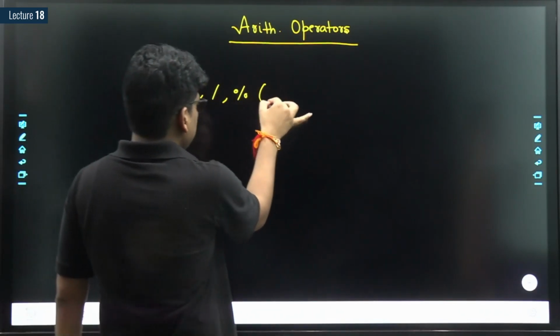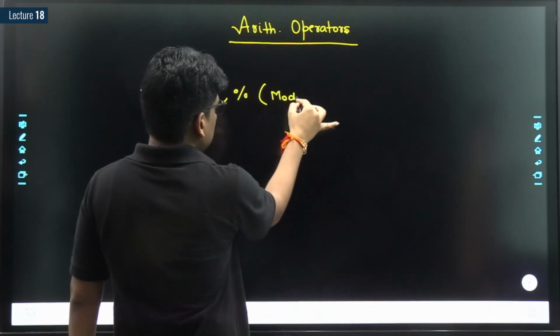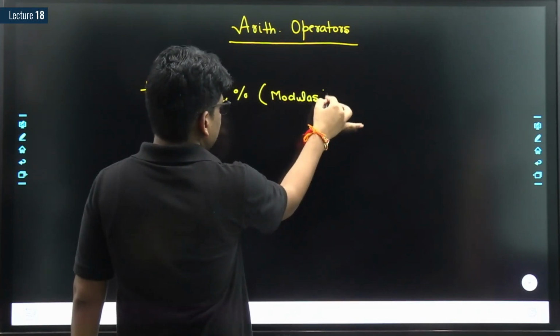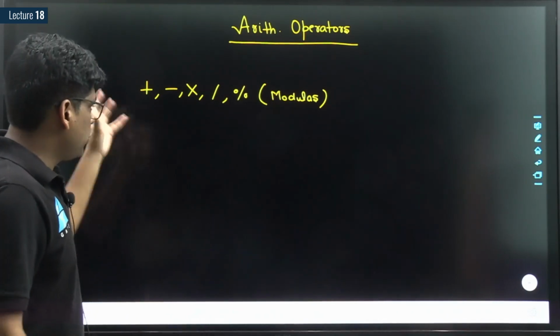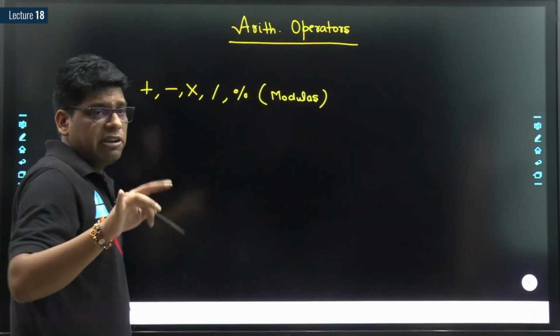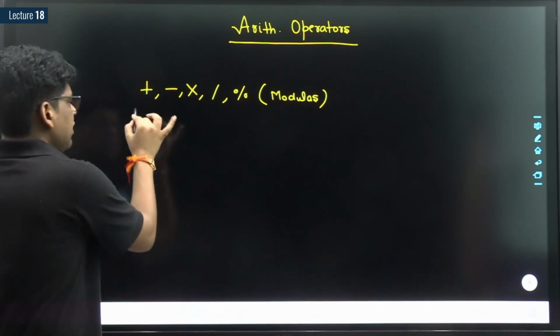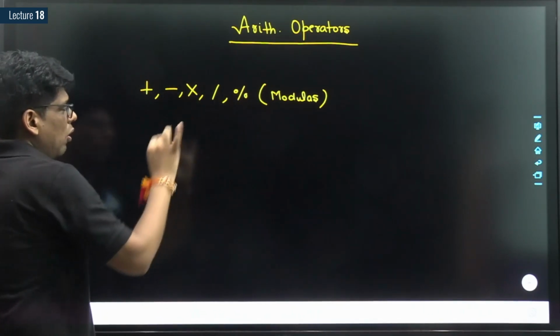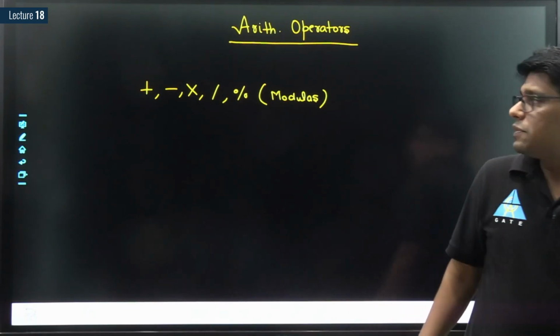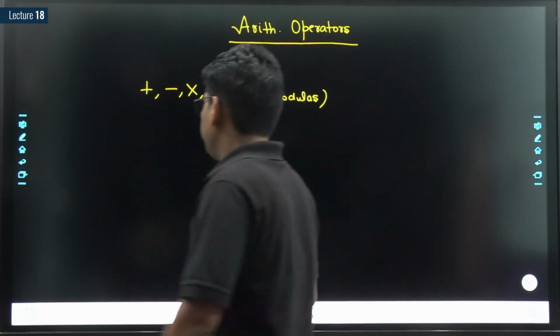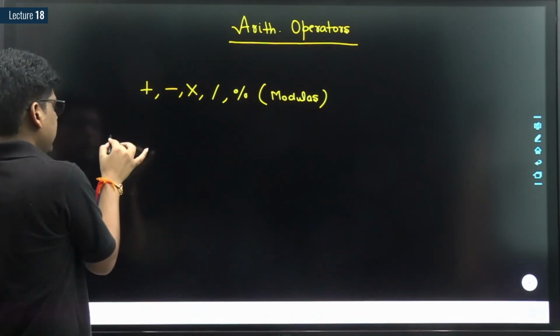This is a new operator for you if you are learning a programming language for the first time. So in the C programming language, we have these 5 arithmetic operators.